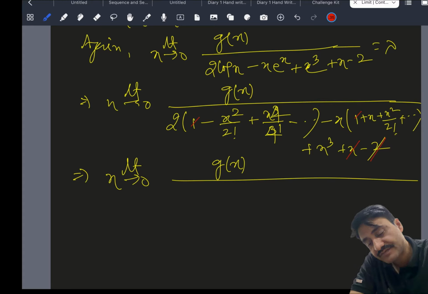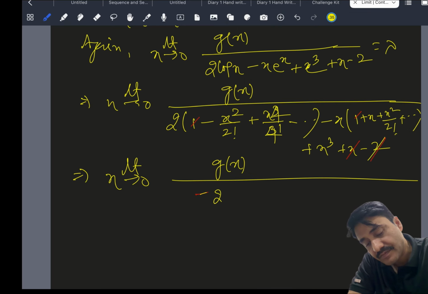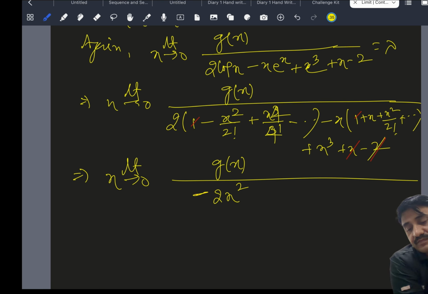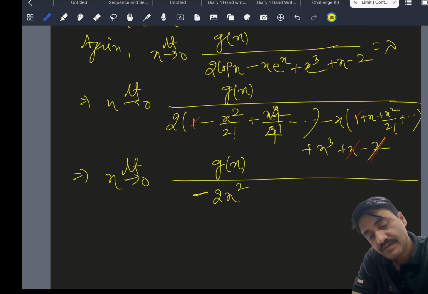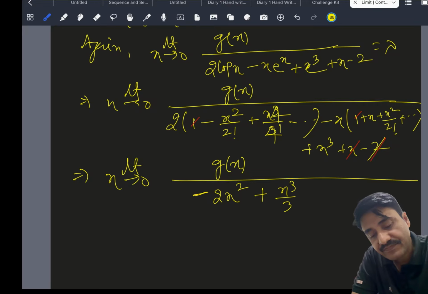Now what is left? 2 into 2, that is minus 2x square plus x cube by 3 and some higher power of x.